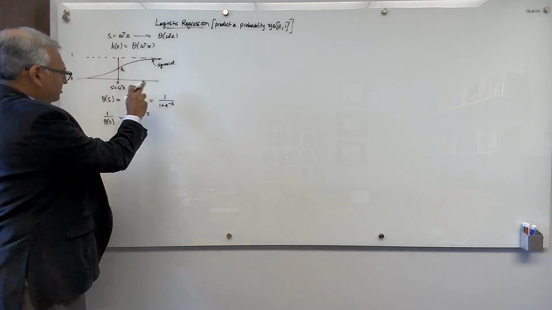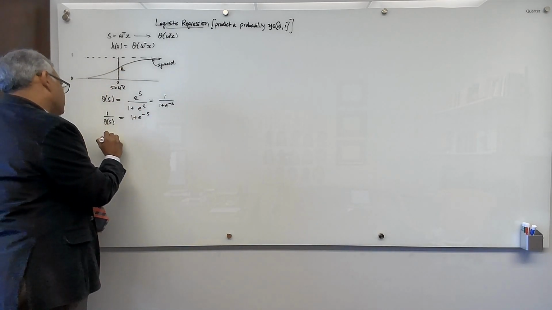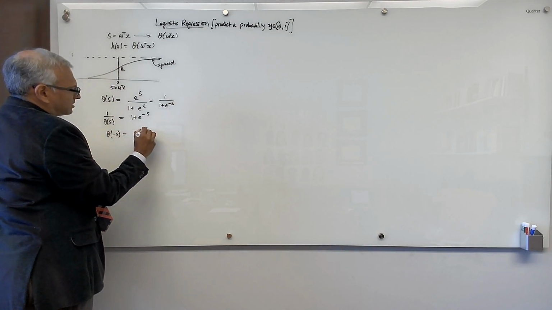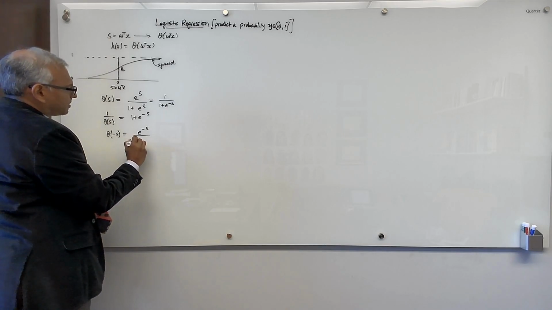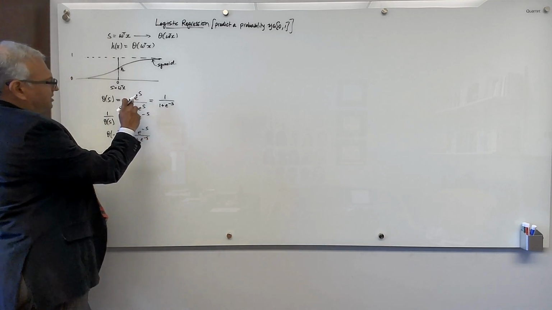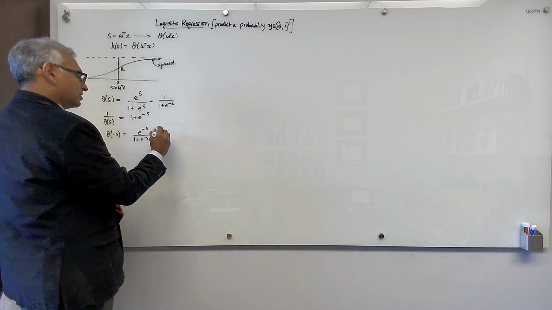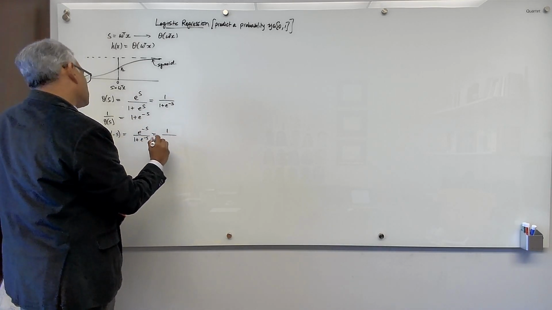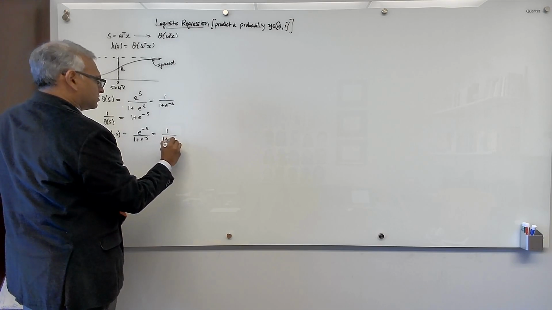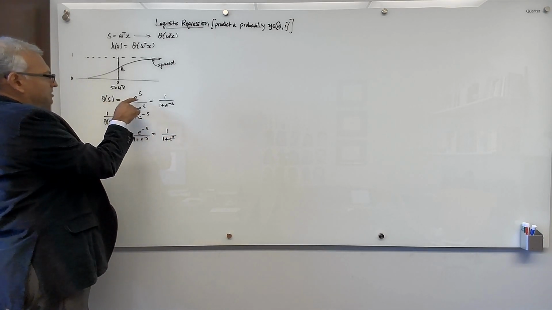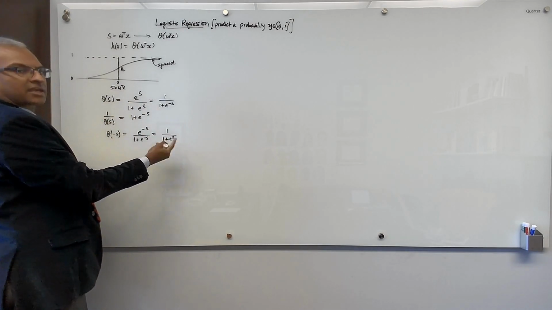Another useful property of this function is that theta of minus s is equal to e to the minus s over 1 plus e to the minus s. I plugged in minus s here, which, if I multiply top and bottom by e to the s, is equal to 1 over 1 plus e to the s. And you see that if I add theta of s and theta of minus s, I get 1.